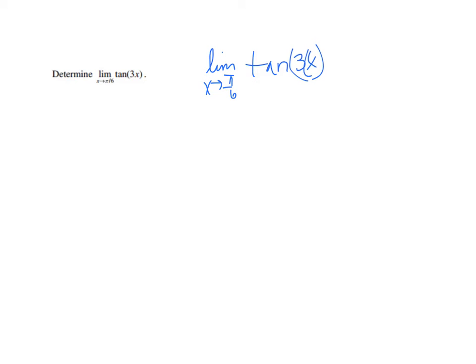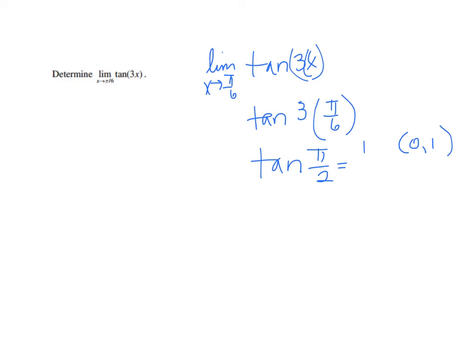If I put that in, that would just be the tangent of 3 times pi over 6, which would be the tangent of pi over 2. All right? The tangent of pi over 2, remember tangent is sine over cosine, right? And at pi over 2, it would be the point 0, 1. So this is going to be 1 over 0, which is undefined, indeterminate form.